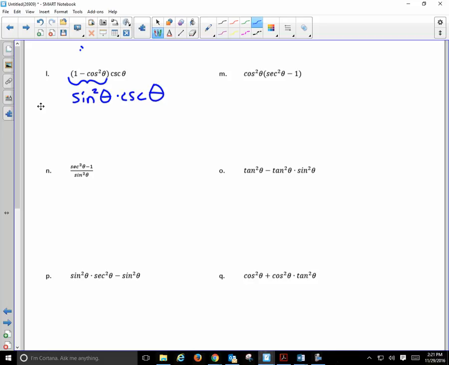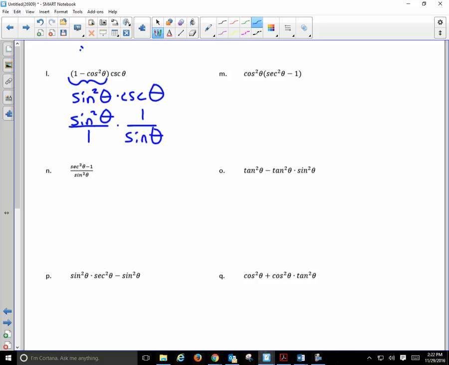That is very similar to what we did yesterday, right? Do I have to rewrite sine squared? No, I'll just write sine squared over 1. Should I rewrite cosecant? What does cosecant get rewritten as? Times 1 over sine.